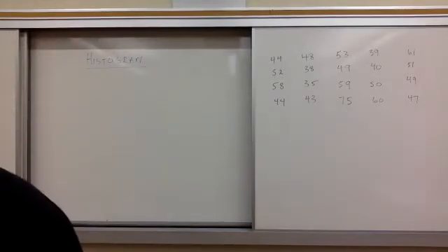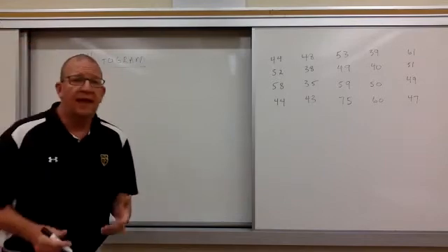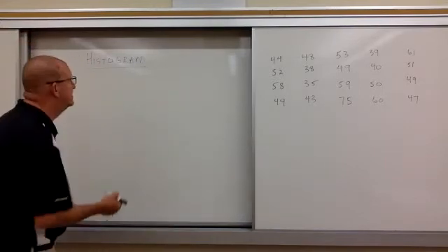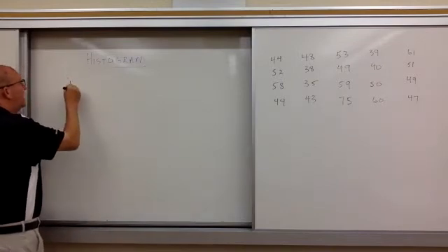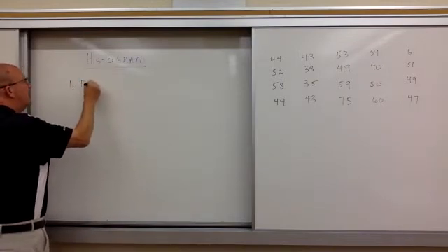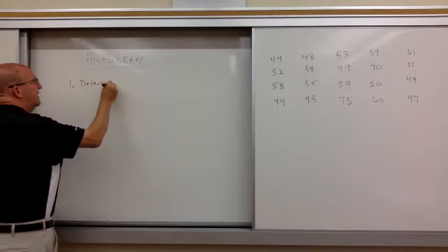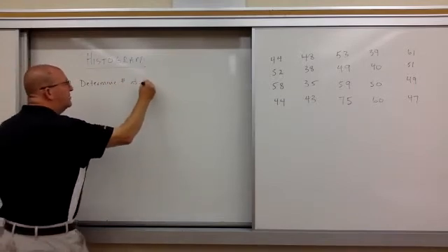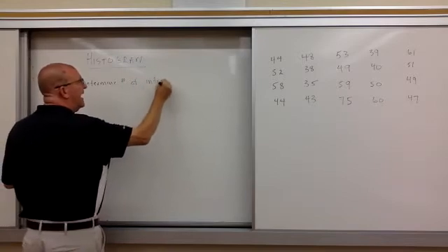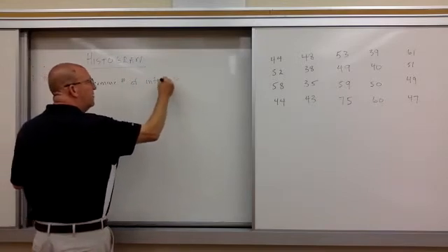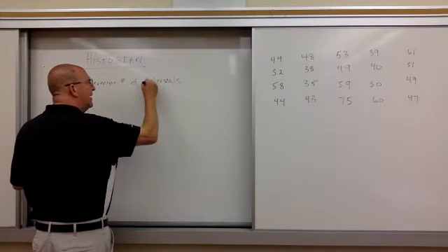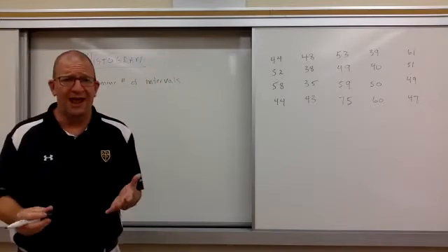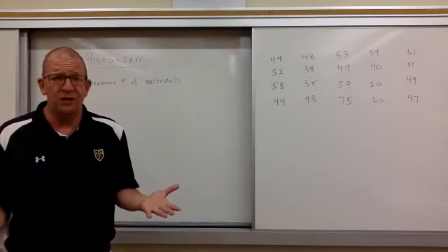It's really a 4-step process, and it goes something like this. Step 1, you need to determine the number of intervals. So let's talk about this problem over here. Ages of parents. I might say, okay, well, should I have 1 interval for every age?